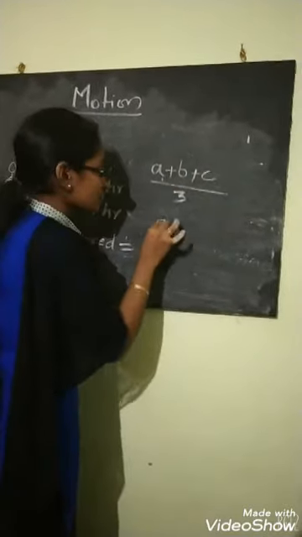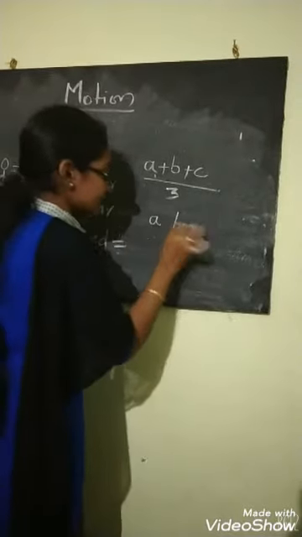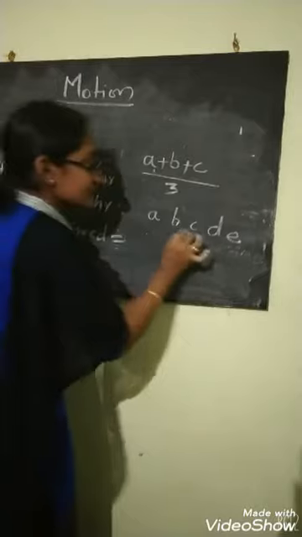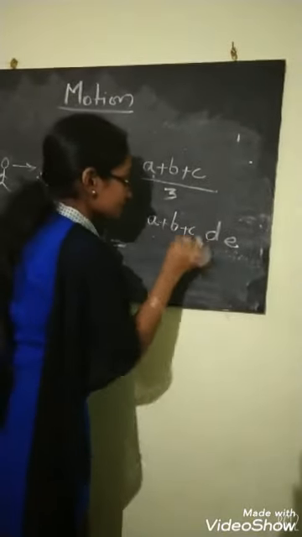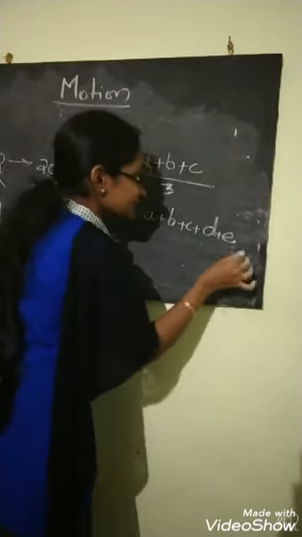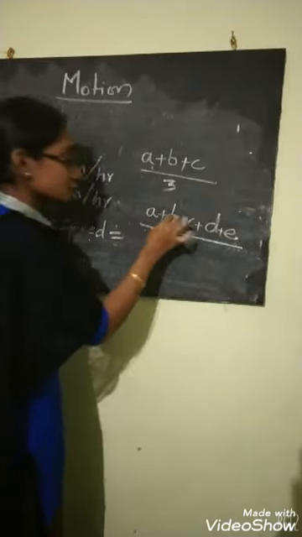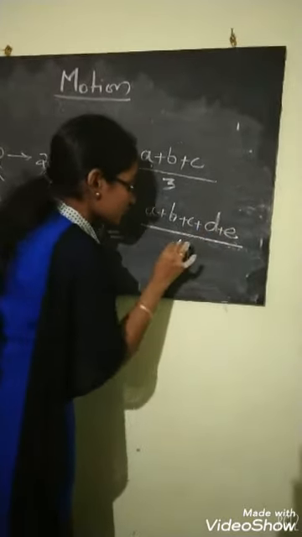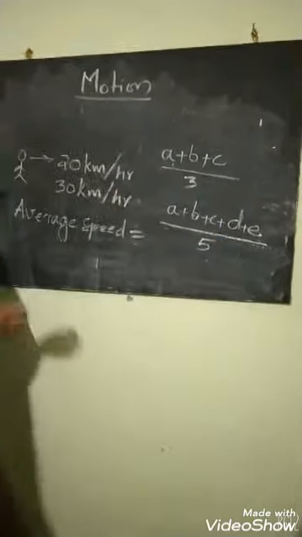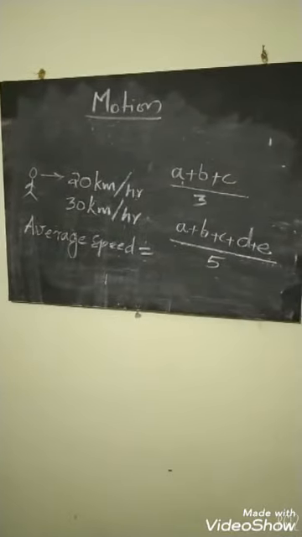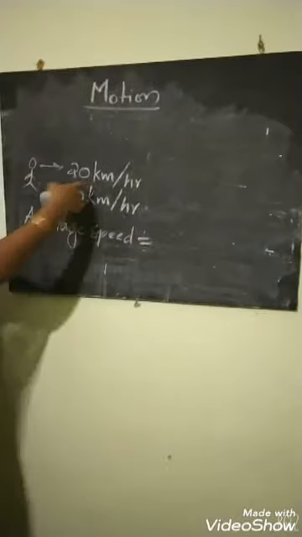If we have 5 components A, B, C, D, E, we add all of these, A plus B plus C plus D plus E, by 5. In a similar way, we want to find the average speed of these two cases.